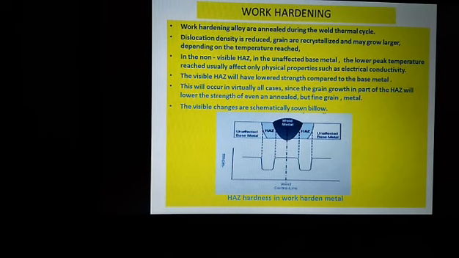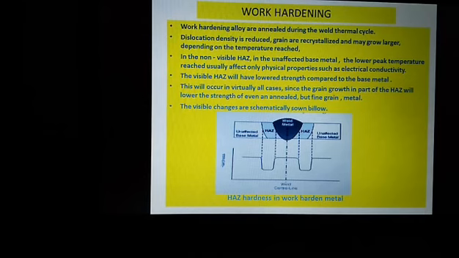Work hardening is annealed during the weld thermal cycle. Dislocation density is reduced, and grains are recrystallized and may grow larger depending on the temperature reached.